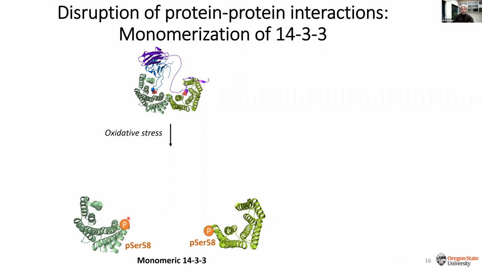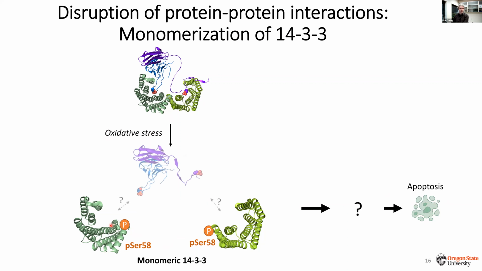And it does so at this position, serine 58. Serine 58 is located at the dimer interface of 14-3-3, and it causes what is naturally a dimer to then dissociate into individual monomers. And this happens again during periods of oxidative stress, and then this somehow causes the cells to lead towards apoptosis.